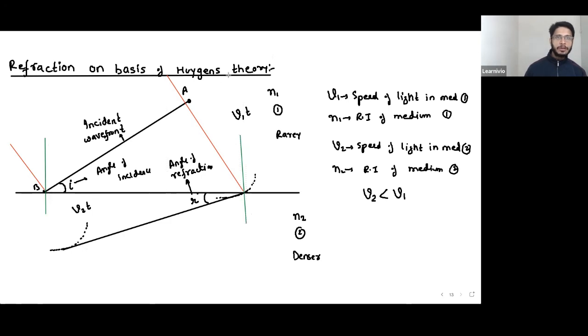So I'm drawing a normal over this refracted wavefront. This is the normal over the wavefront. These two rays that I'm drawing using red color are your incident rays.